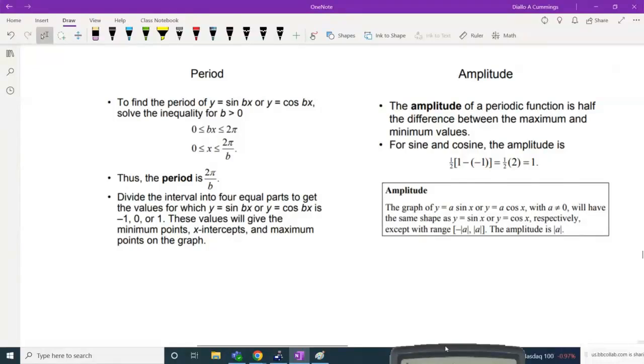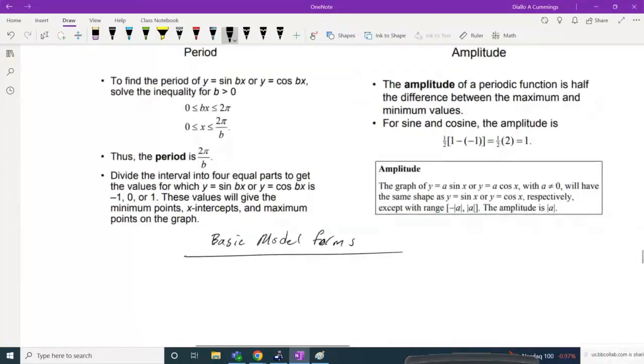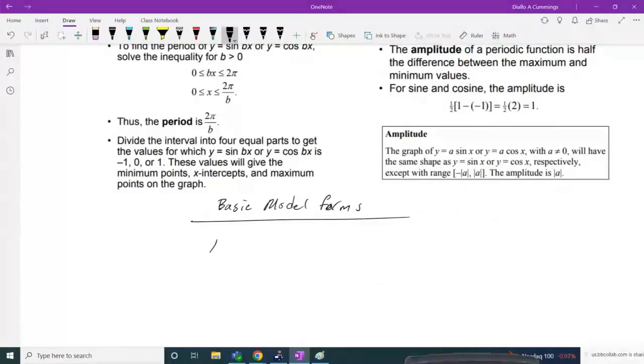In this particular section, we're going to deal with some basic model forms. For example, y is equal to a times the sine of bx. Now, this is just a basic model form.